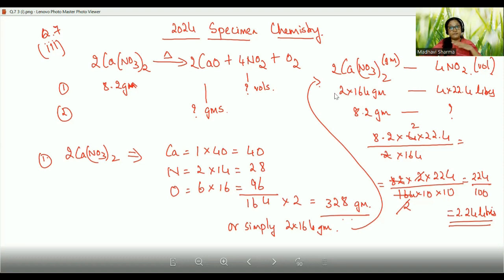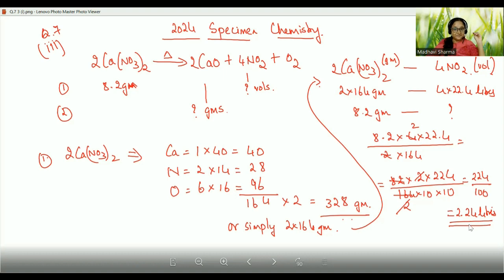When I have 2 into 164 grams of calcium nitrate, the volume of nitrogen dioxide will be 4 into 22.4 liters, because 1 mole is 22.4 liters. This is 4 moles. So 8.2 grams is how much? Cross-multiplying, I get 2.24 liters.